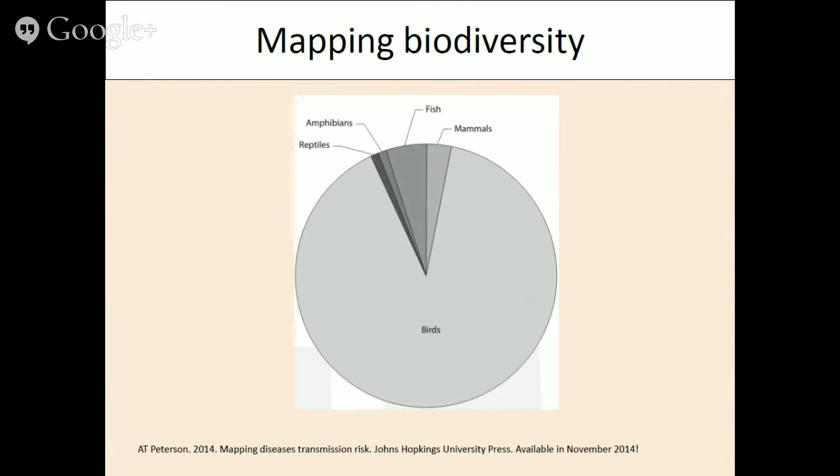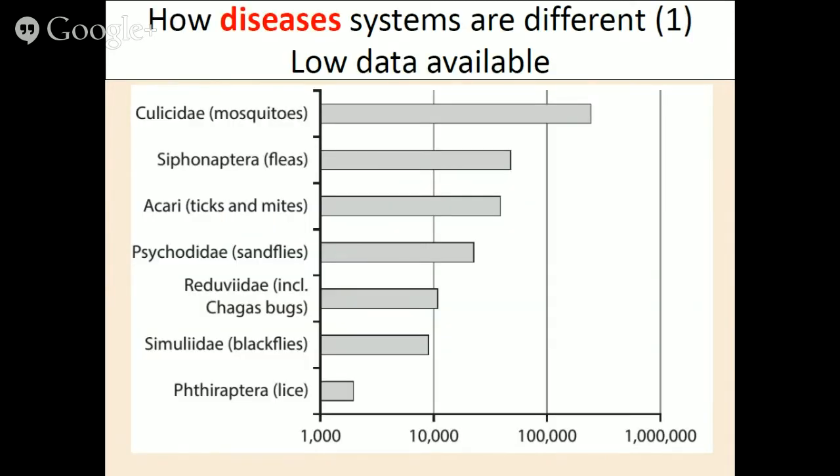This figure was taken from the book of Town, and you can see that there are a lot of species that dominate the databases, but the most important are birds. On the other hand, we have databases that are made for vectors, for example, and here you can see that the most abundant information is for mosquitoes, but we have a bit of information for lice, for example.